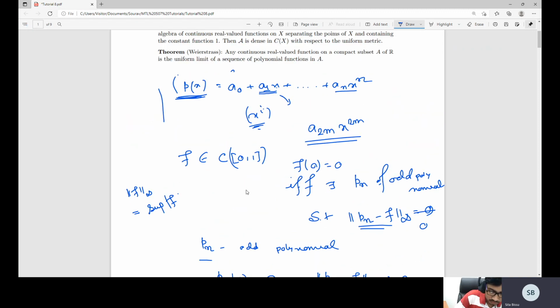So what will happen if your function is like this? Here it is 0, here it is 1. If your function is this one, then what is the norm? Then all the values are negative, right?